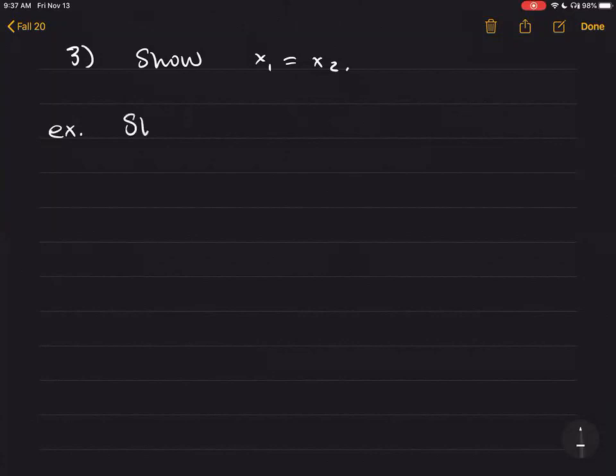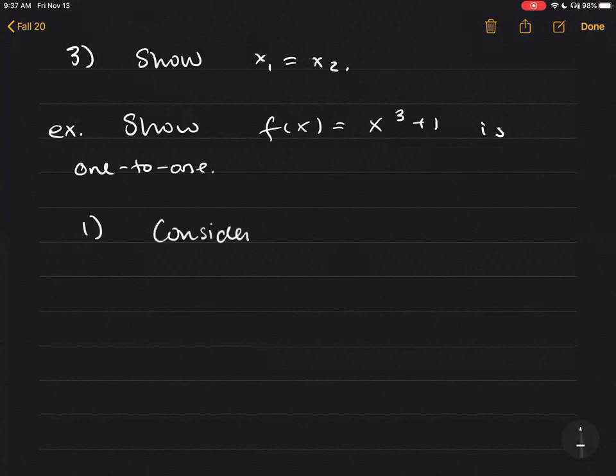So let's show f of x equals x cubed plus 1 is 1 to 1. Our first step was to start with 2 arbitrary variables. So we're going to consider x1 and x2. Remember, they're arbitrary.